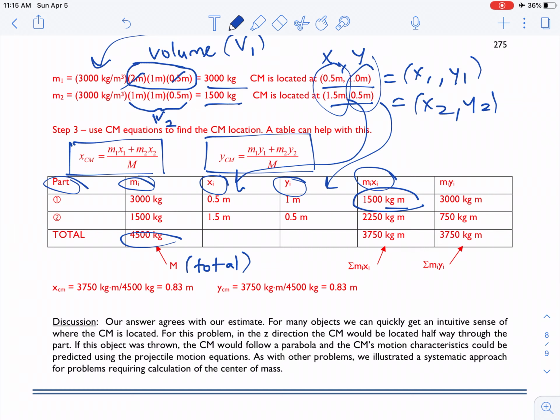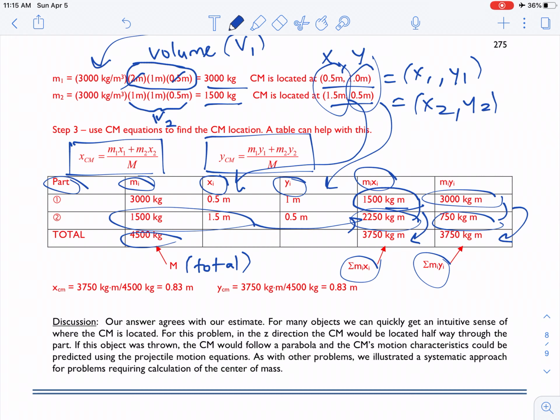Since it is mass times position, it's kilogram meters. Same thing, multiply these two, you're going to get this. And again, multiply m and y, you're going to get the first one m1 y1, and this is m2 y2. Once you get all of these, you're simply adding those up, these two to get that, and these two to get this. And that's the sum.